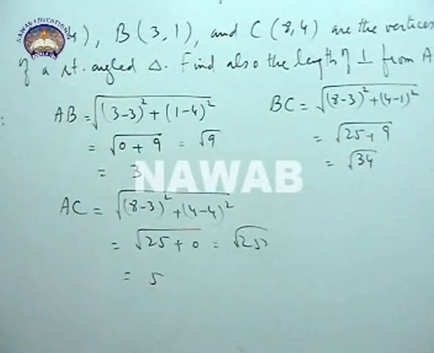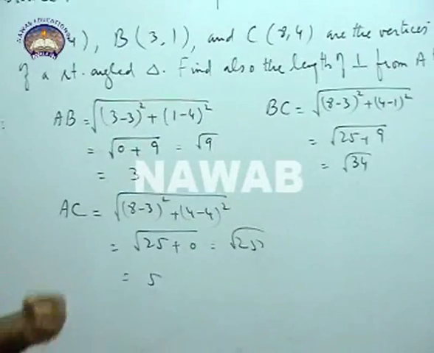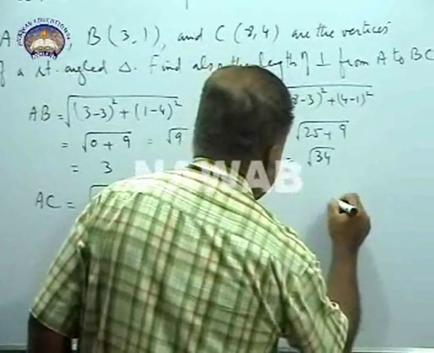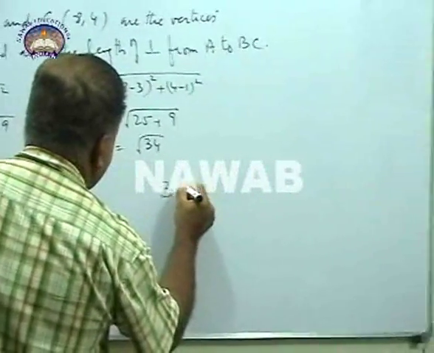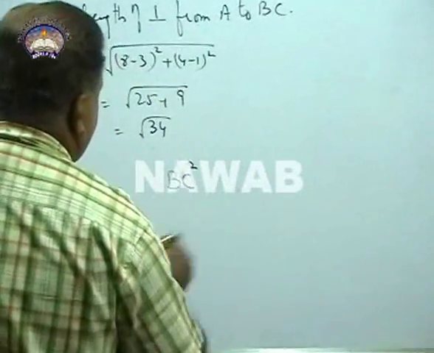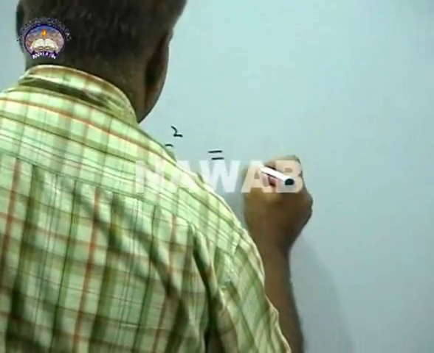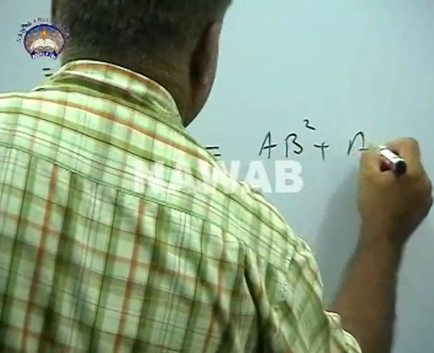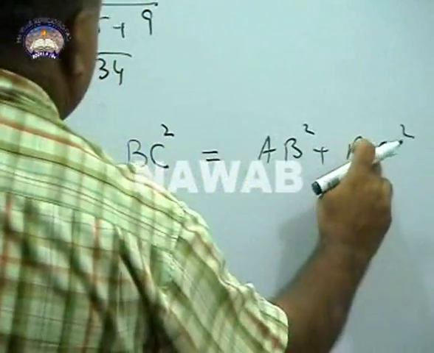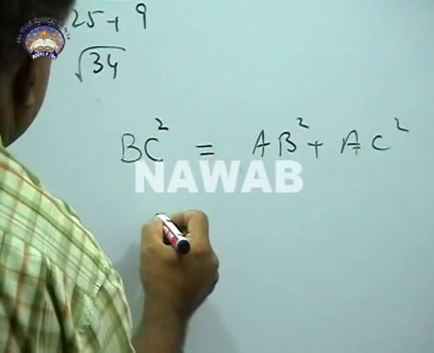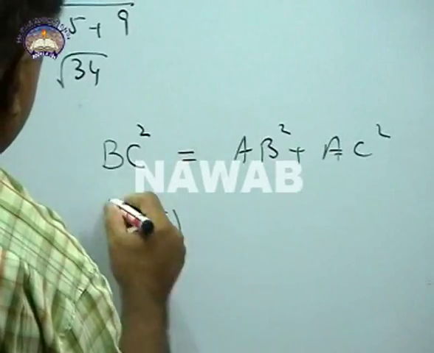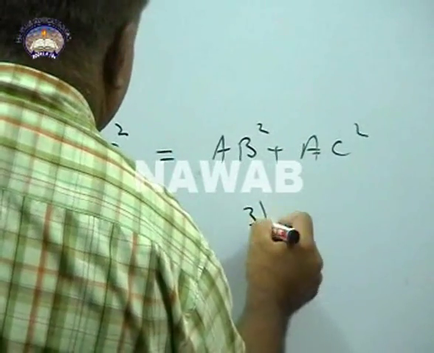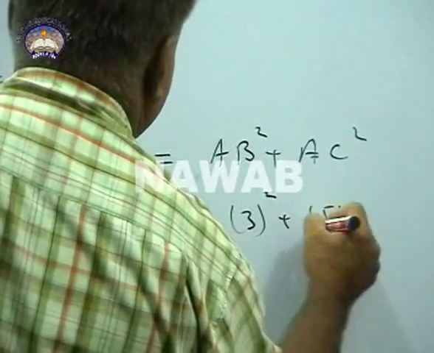So in a right angle triangle, we know that the largest side will be taken as the hypotenuse. So in this triangle, if I take BC as the hypotenuse, then BC square should be equal to AB square plus AC square. So if we put the values here, root 34 whole square is equal to 3 square plus 5 square.